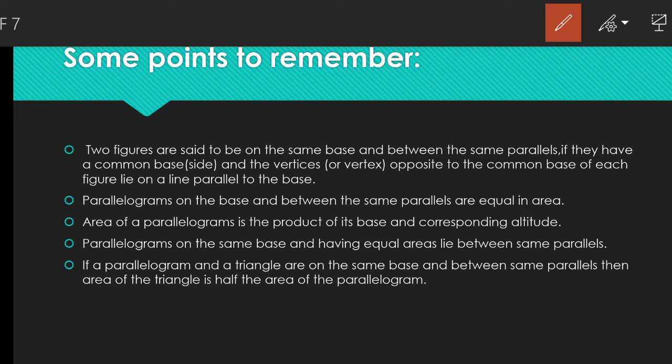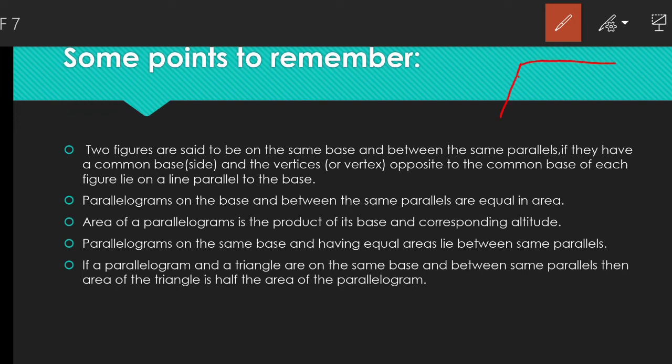So in the theorems that I have explained, whether it is a parallelogram or a triangle, if they lie on the same base, the base is fixed for both the parallelograms or both the triangles, and their vertices, which lie opposite to the base, should be between the parallel lines.